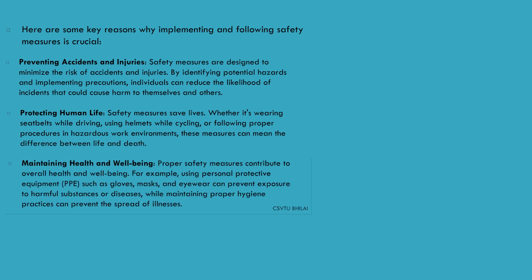Maintaining health and well-being. Proper safety measures contribute to overall health and well-being. For example, using personal protective equipment such as gloves, mask and eye wear can prevent exposure to harmful substances or diseases, while maintaining proper hygiene practices can prevent the spread of illness.